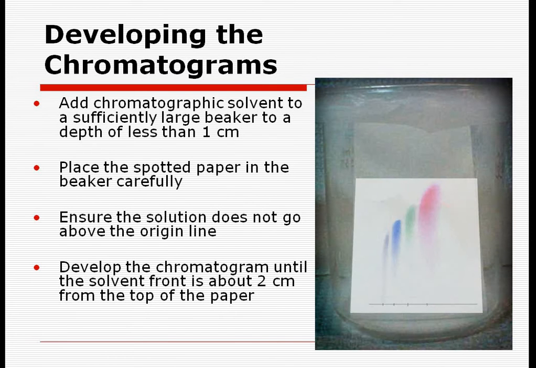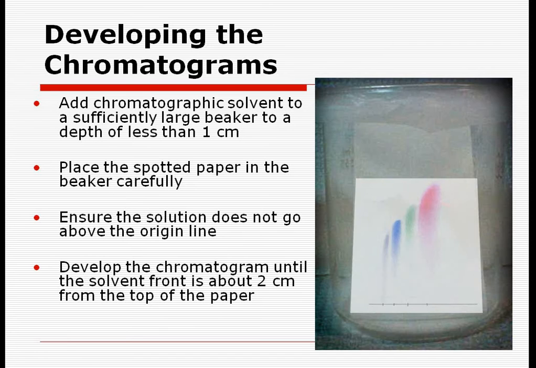Developing the chromatograms. Add chromatographic solvent to a sufficiently large beaker to a depth of less than 1 centimeter. Place the spotted paper in the beaker carefully. Ensure the solution does not go above the origin line.